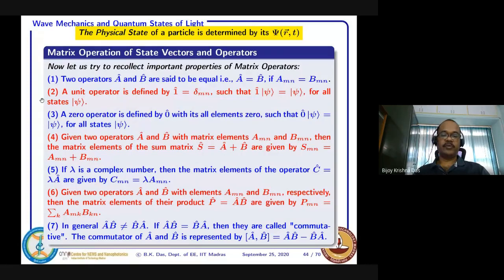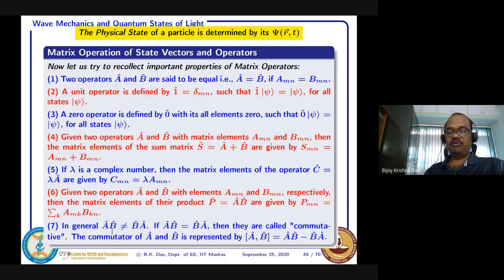So all these 7 properties we discussed, and we mentioned that this last one is very important because when you consider this operator A and B measuring some value of a quantum state, the sequence of measurement matters, because quantum mechanical measurement is invasive, so the quantum state can change.